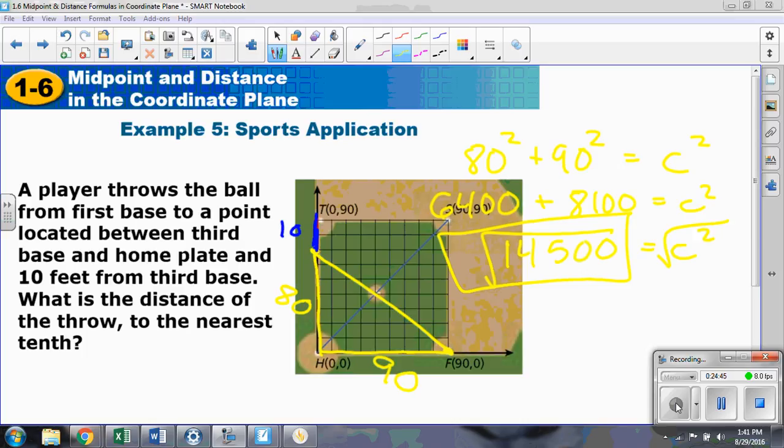But since the directions asked us to round that to the nearest tenth, we'll put this into our calculator and get 120.4415. When we round that to the nearest tenth, we actually get 120.4 feet, which finishes all the material we need.